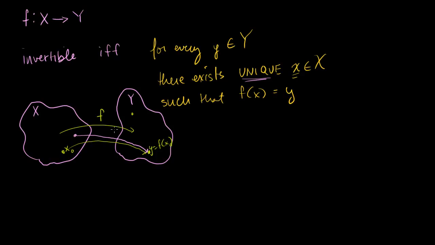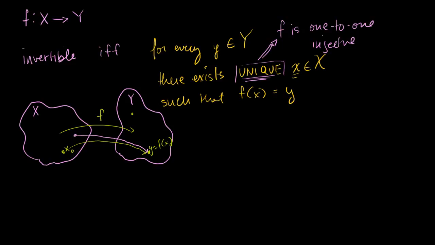Now, based on what I told you in the last video, what does this mean? If we have a unique x that maps to each y, that means we have to have a one-to-one mapping, that f has to be 1-to-1, or injective.